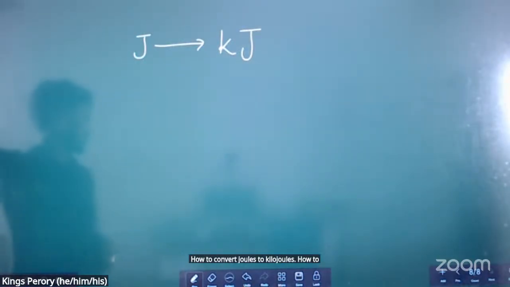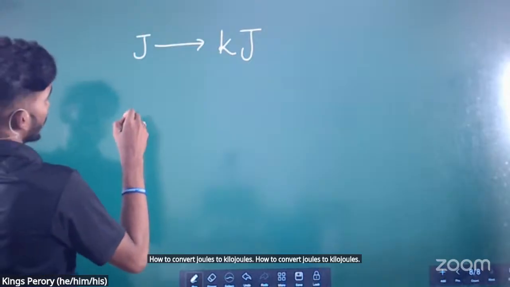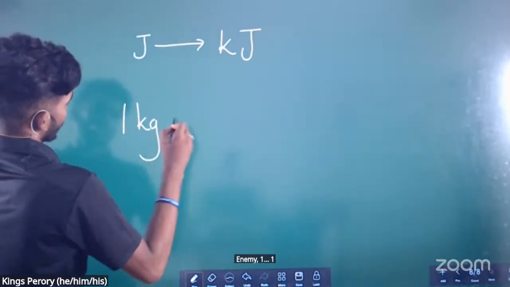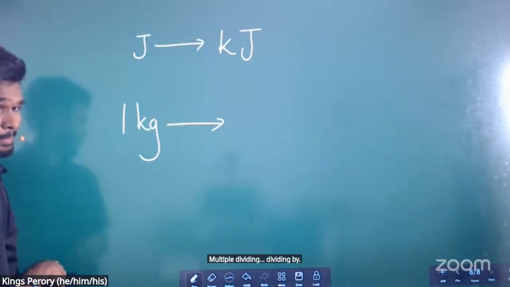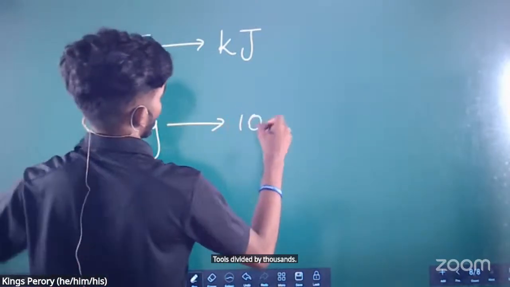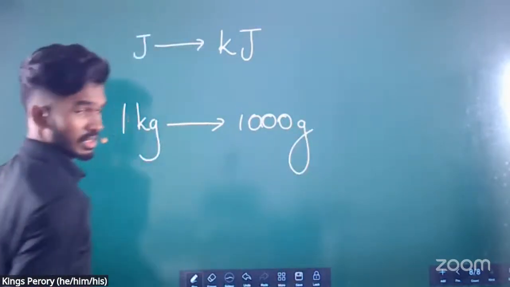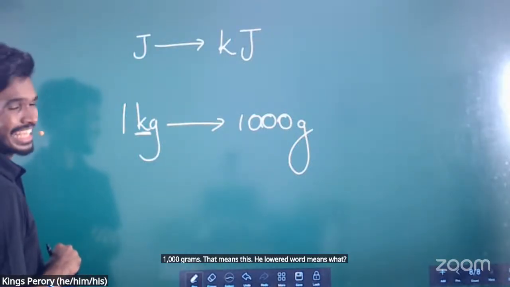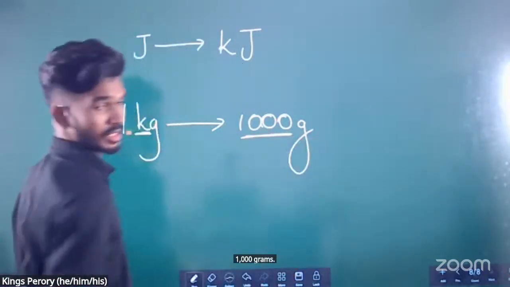Joules divided by 1000 gives kilojoules. Tell me, 1 kilogram, how many grams? 1000 grams. That means this word kilo means 1000.